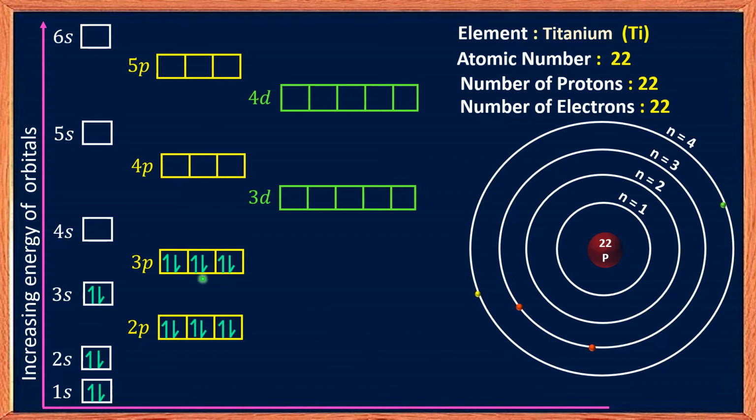After filling 3p, electrons enter into 4s. 19th electron, next 20th electron. So 20 electrons have been filled so far.